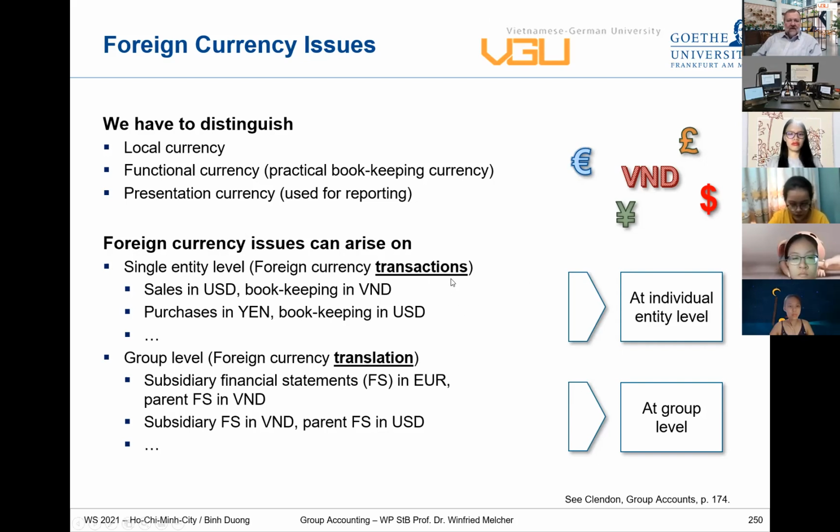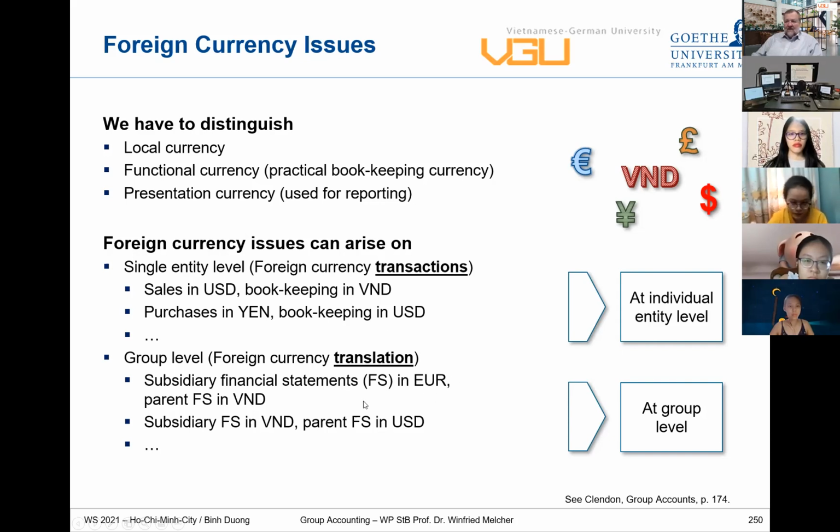So whenever you look at a company level at the transaction, then we are talking about a foreign currency transaction. And whenever we want to translate foreign currency financial statements into another currency, then we are talking about a translation.